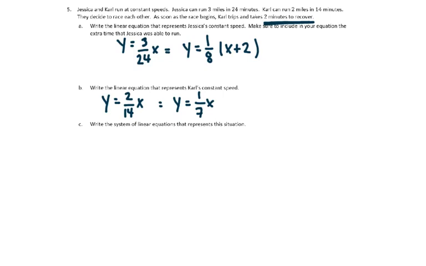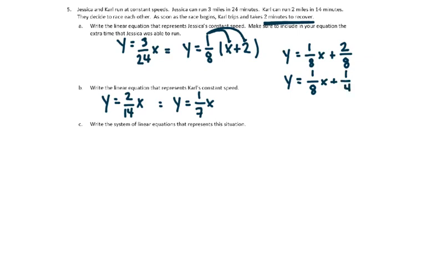Now for Jessica, we need to finish it off by multiplying both of these numbers inside of our parentheses by 1/8. So we have y equals 1/8 x plus, remember we're multiplying straight across, so we have plus 2/8. And we can reduce that 2/8. So our final equation is y equals 1/8 x plus 1/4.